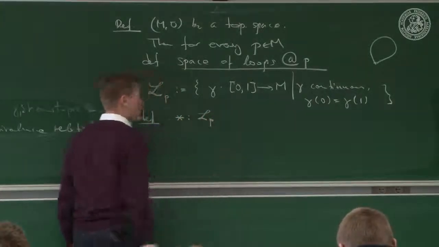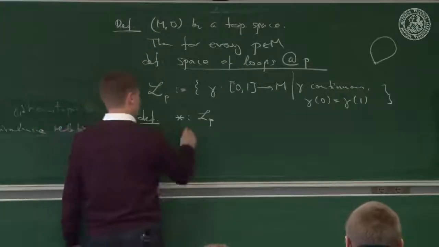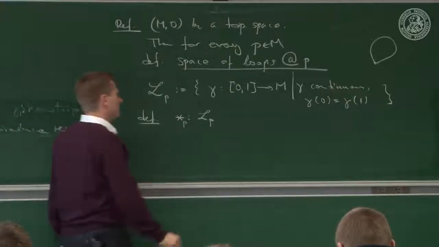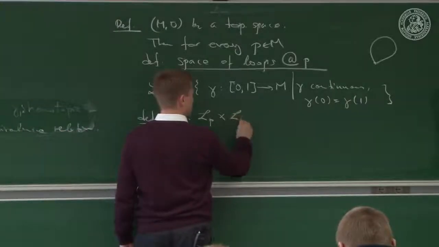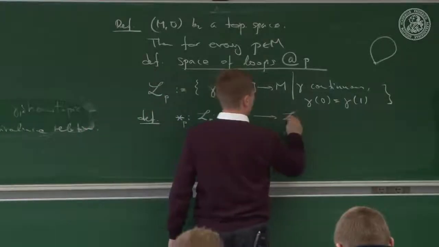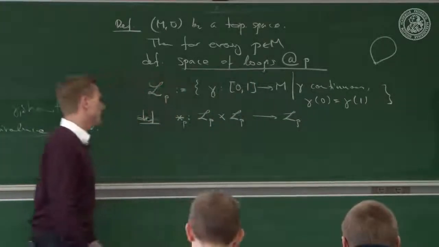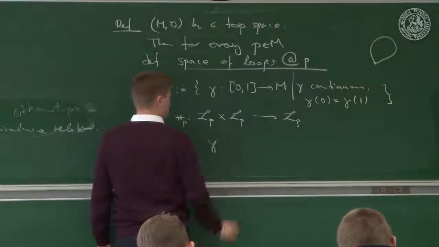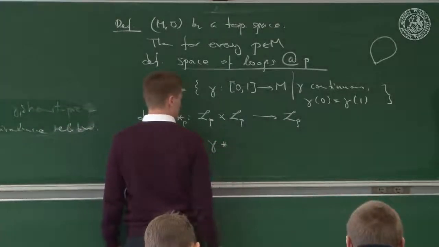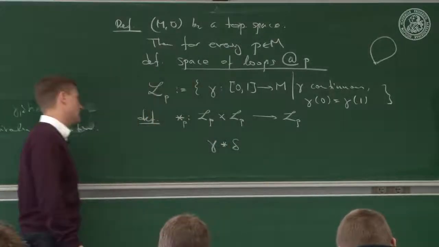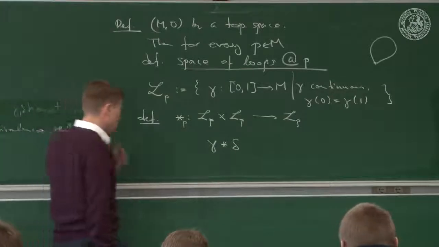Star takes a loop at the point P. Well, strictly speaking, it's star at P. It takes a loop at P, and it takes yet another loop at P, and it constructs from them a new loop at P. How does it do that? Well, it takes one loop gamma, star, a loop delta. So gamma and delta are now loops, with the same starting and end point.